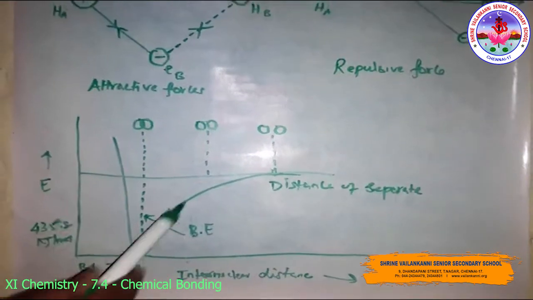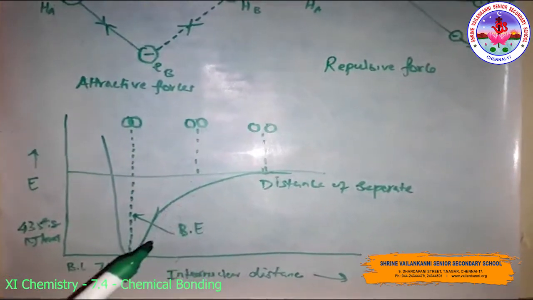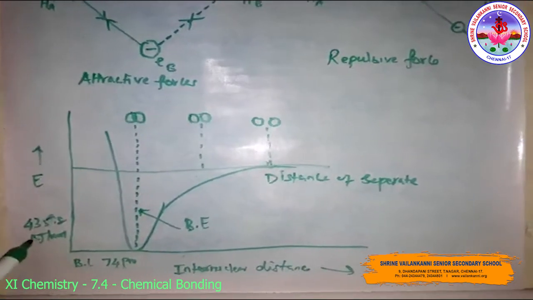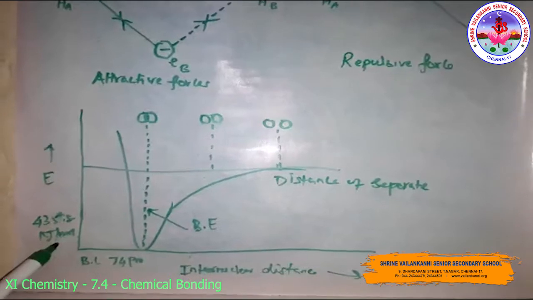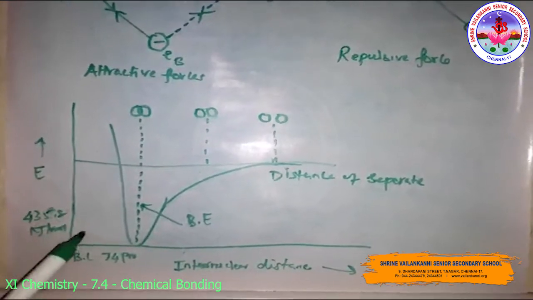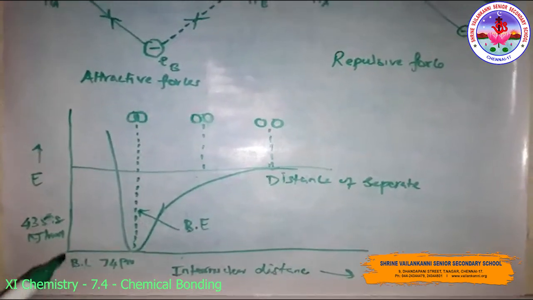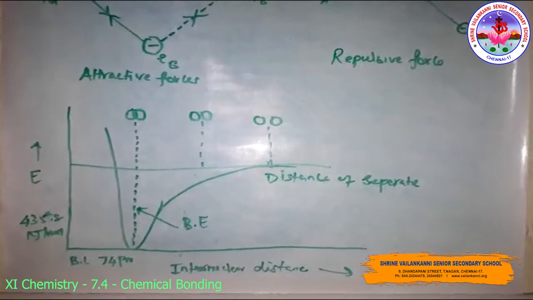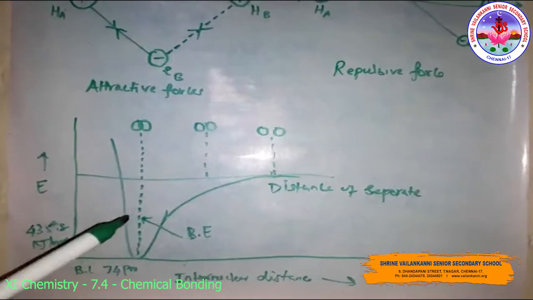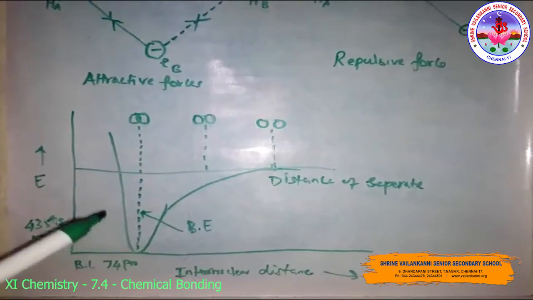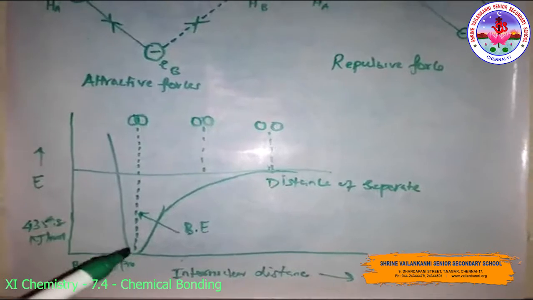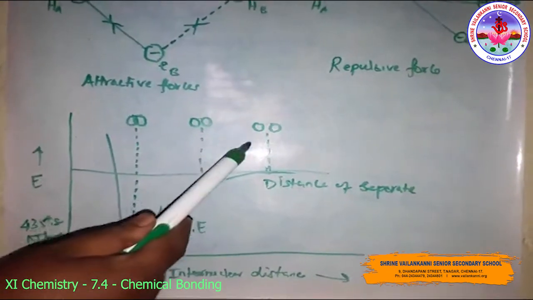Conversely, 435.8 kilojoule per mole of energy is required to dissociate 1 mole of hydrogen molecules. This is the potential energy curve for the formation of the hydrogen molecule as a function of the internuclear distance of the hydrogen atoms.